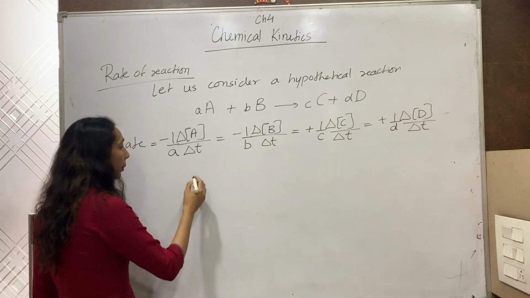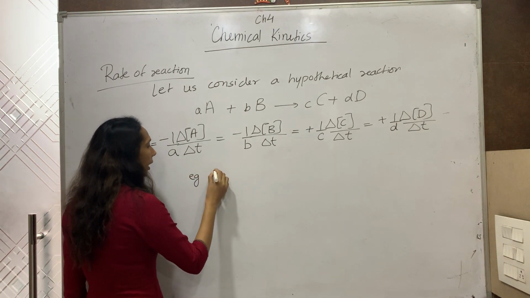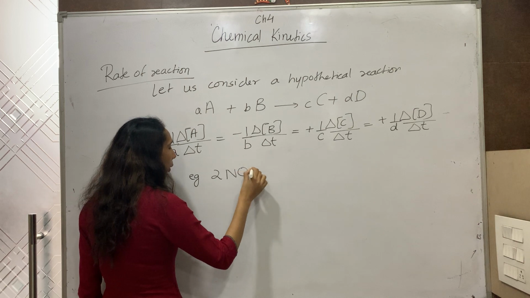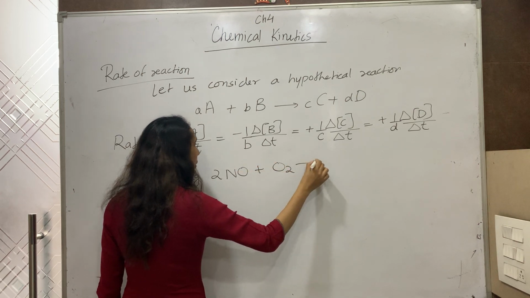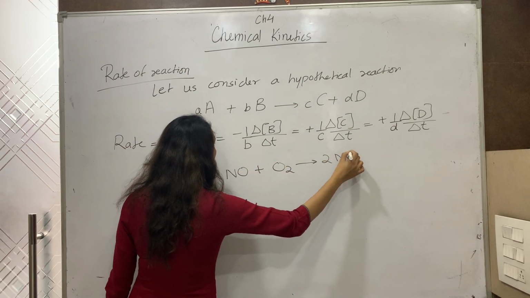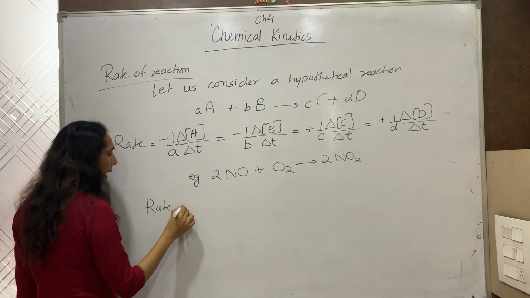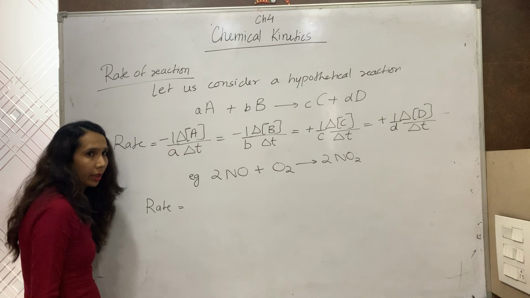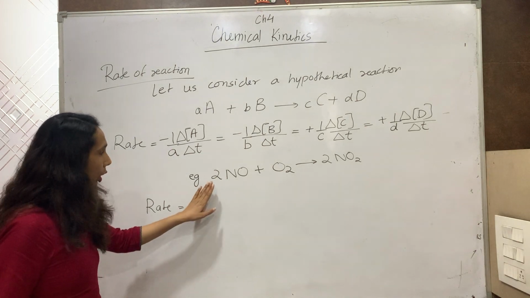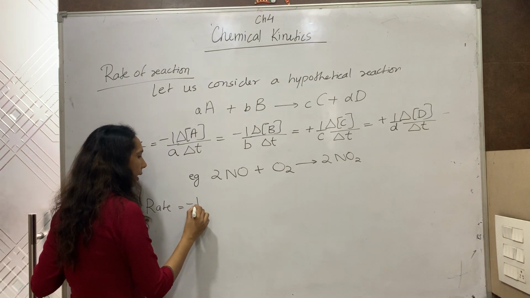Once more, I take up a particular example. I take up a balanced chemical equation: 2NO plus O2 gives 2NO2. Now the rate of reaction, first I am writing in terms of reactant. The stoichiometric coefficient is 2, that will come in the denominator.